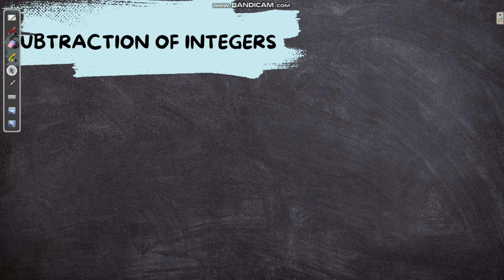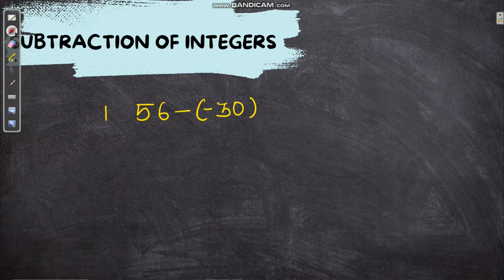Let's solve few more questions. I'll take the number 56 minus 30. So first thing is, whenever in integers you have to do subtraction, first convert it to addition.